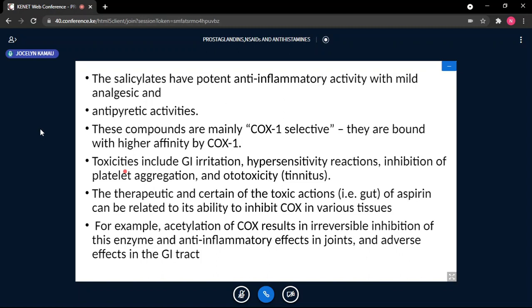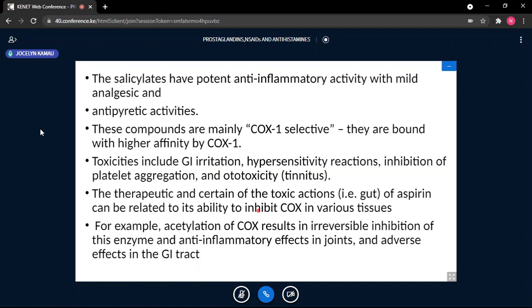The thromboxanes are responsible for increased platelet aggregation and vasoconstriction. So these drugs bind the thromboxane synthetase more strongly than the prostacyclin synthetase, and therefore they will inhibit platelet aggregation.